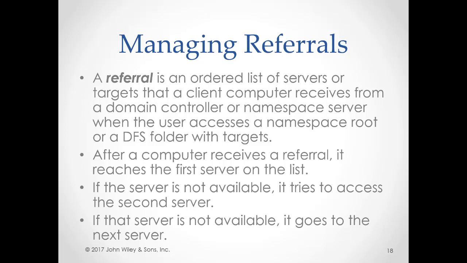If it's a standalone, it comes directly from the namespace server when the user accesses a namespace root or a DFS folder with targets. So after the computer receives a referral, it then reaches the first server on that list. If that server is not available, it then tries to access the second server. And if that server is not available, it goes to the next if there's a next, and so on and so forth. That's how those referrals work.